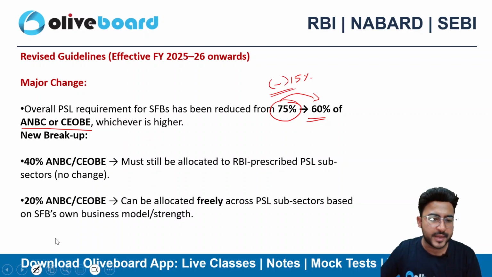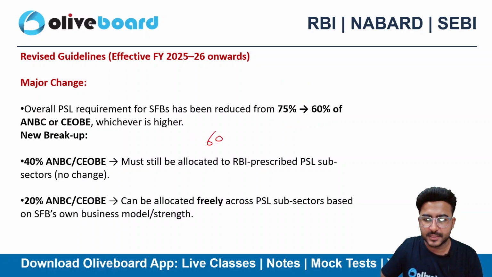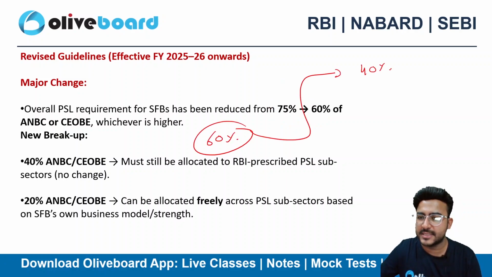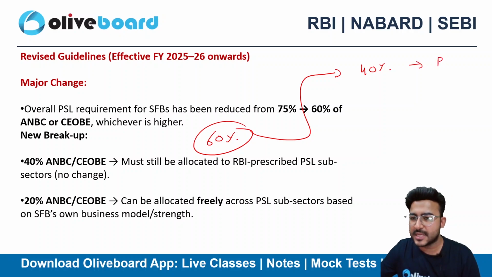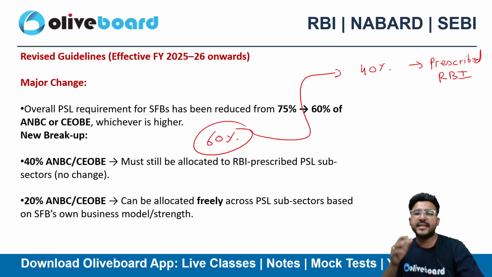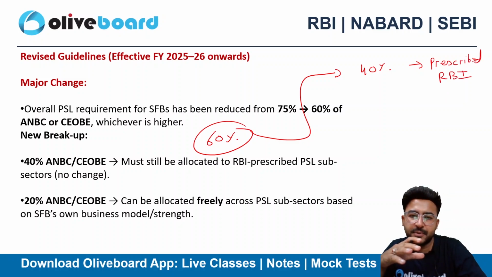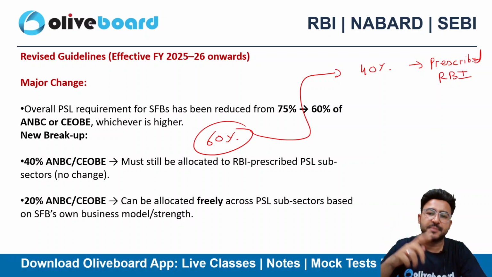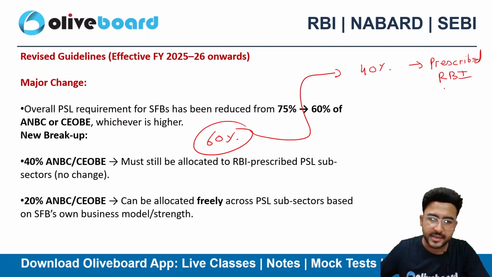Now what is the new breakup of this 60%? Out of the 60%, again 40% is for the subsectors prescribed by the RBI. So out of this 60%, 40% small finance banks will still be investing in the prescribed subsectors of the PSL by RBI, right?